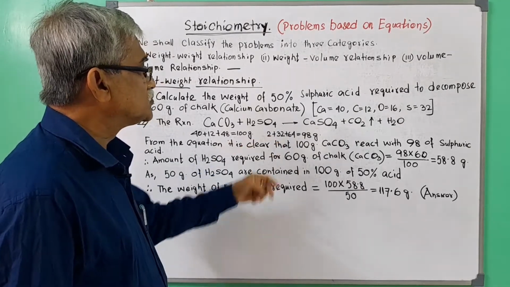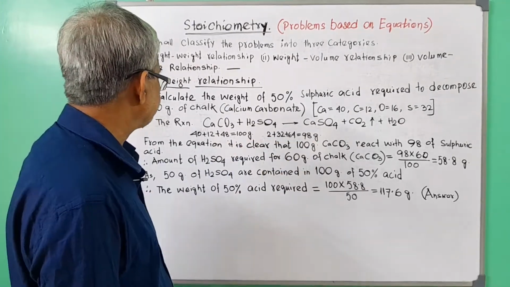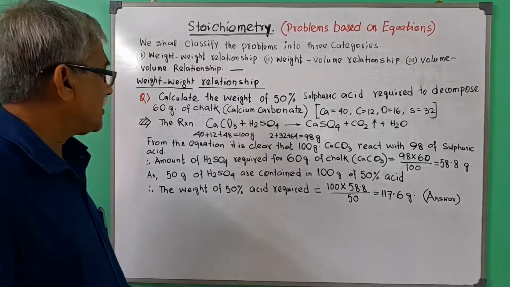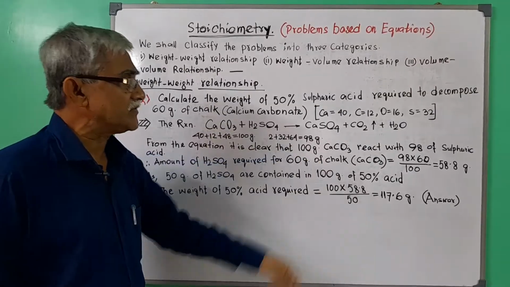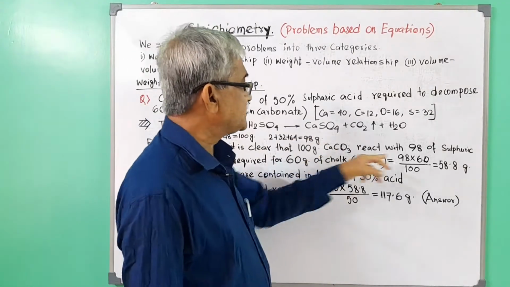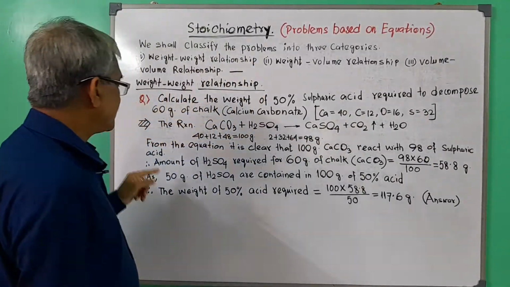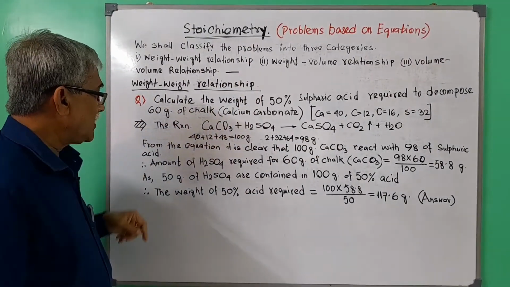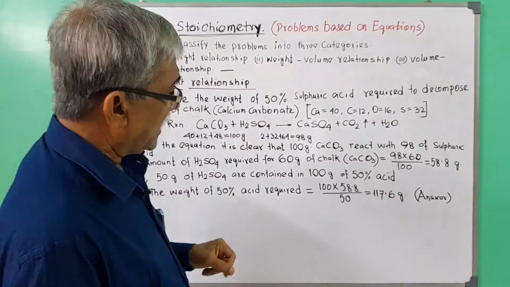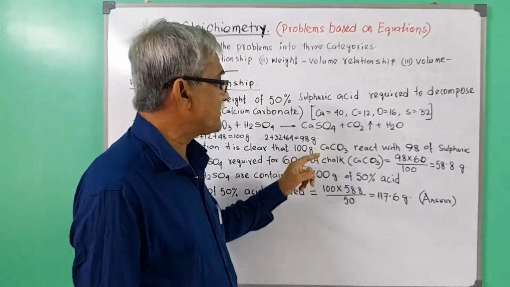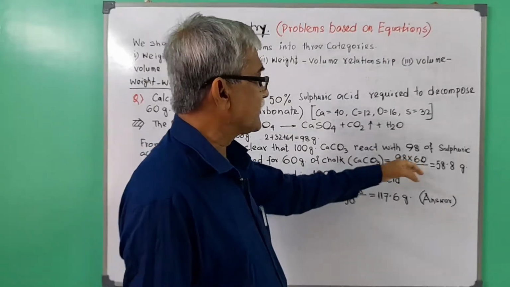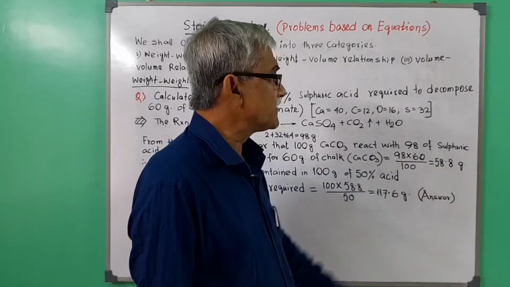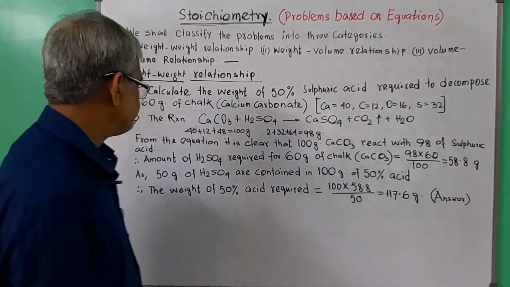H2SO4 is 2 plus 32 plus 64, 98 grams. Now from this balanced equation, it is clear that 100 grams of calcium carbonate reacts with 98 grams of sulfuric acid. Therefore, the amount of sulfuric acid required for 60 grams of chalk, that is calcium carbonate, is equal to 98 into 60 upon 100, very easy, it is 58.8 grams.